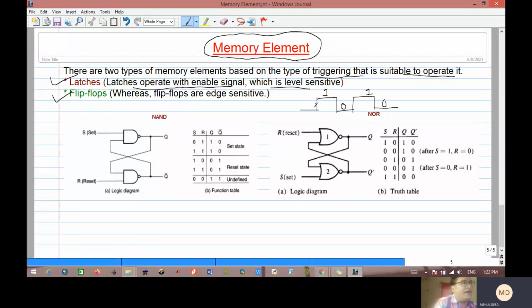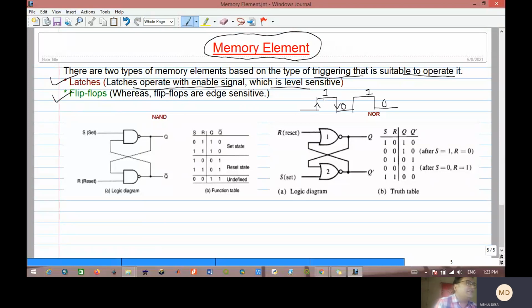It has a positive edge, as well as a negative edge. So a flip-flop operates based on this edge triggering, whereas latches are level sensitive. This is the basic difference between a latch and a flip-flop.